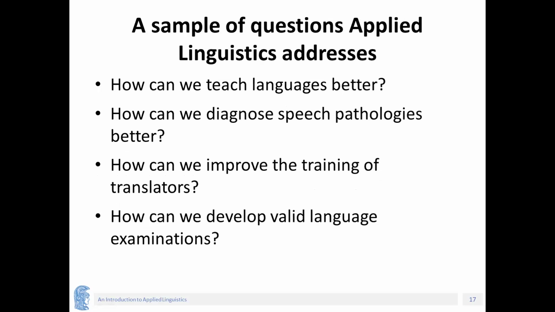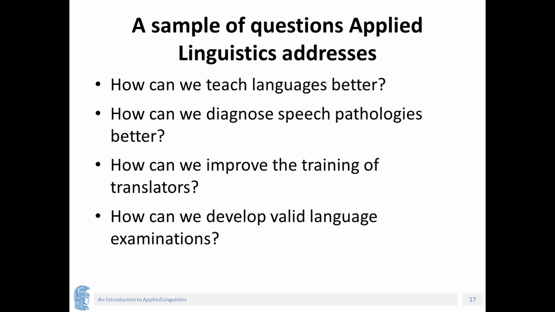Okay, madam. Here you can see some sample questions that applied linguistics addresses.